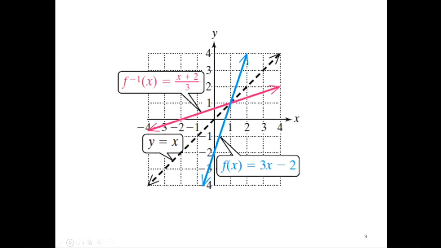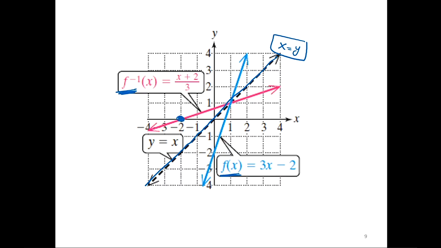Now look at the previous example. This is f of x and this is f inverse. Both are reflections on the line x equals y. This is the line x equals y. Any point, for example, look at this point.